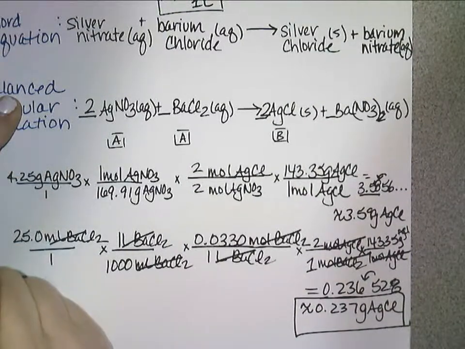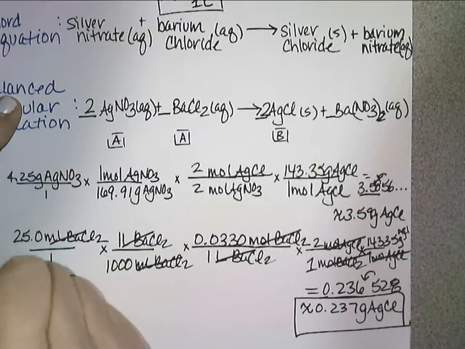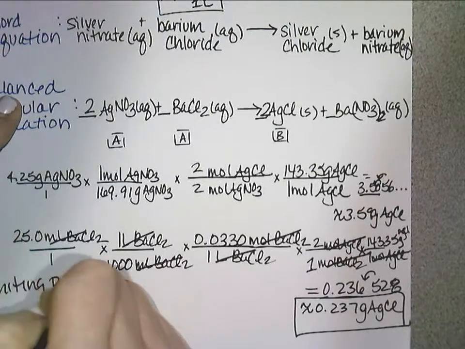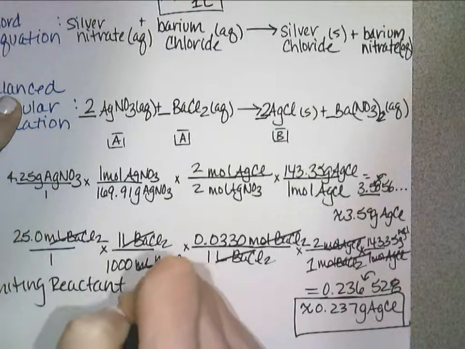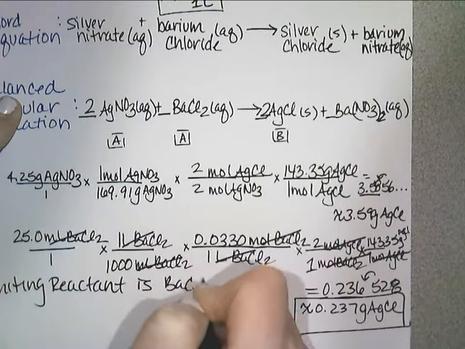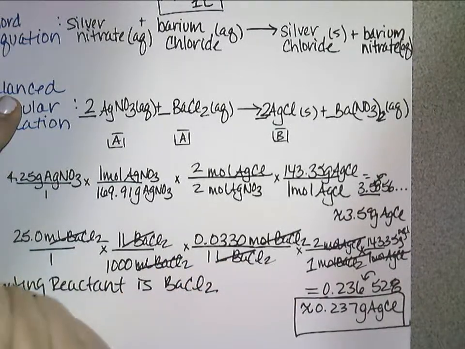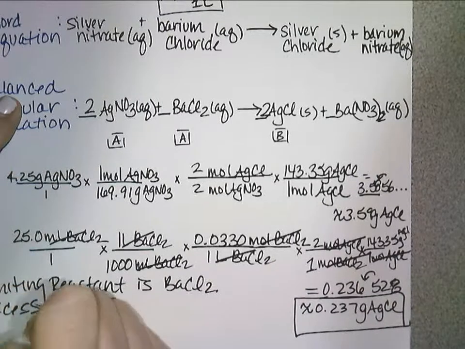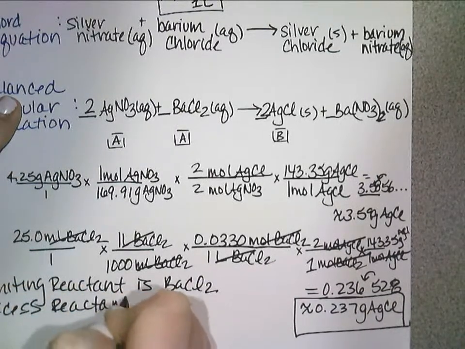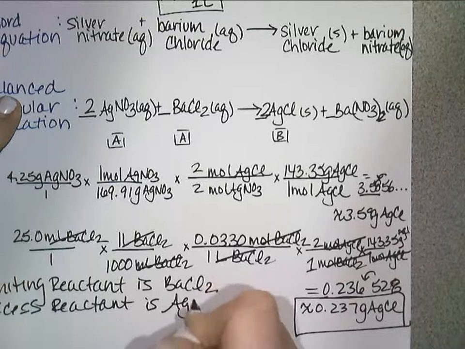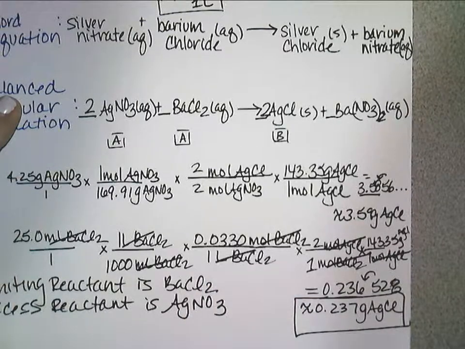So the limiting reactant is BaCl2. The excess reactant is AgNO3.